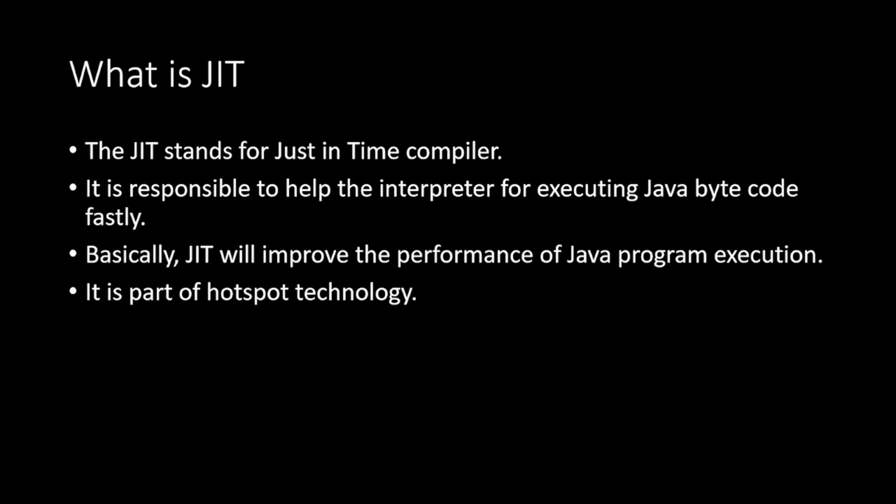The interpreter converts the whole bytecode at once into a machine language, while the just-in-time compiler only converts the reusable bytecode into a machine language. The JIT is used to improve the performance of the JVM that runs our program.